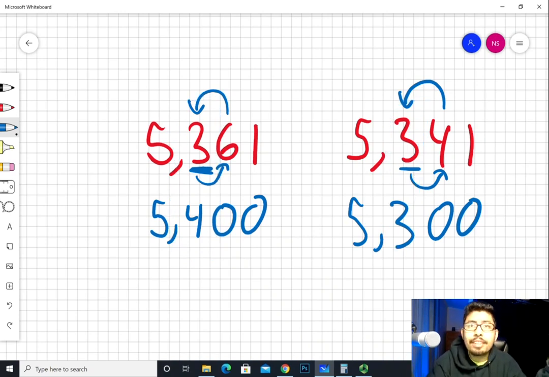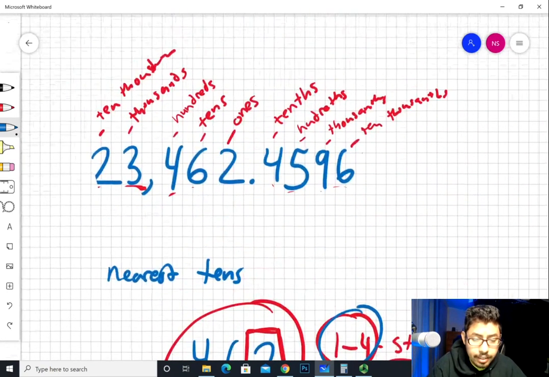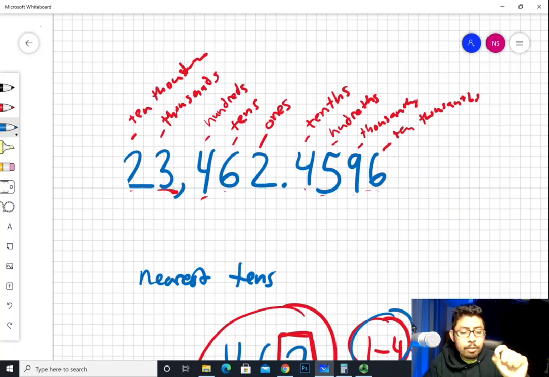That's rounding, and you could take that along with you to the decimal spot. So if we look at our example here, 23,462.4596. Let's say the question was telling me to round this whole big number to the nearest hundredths. Did you notice the question had a TH on the place value?